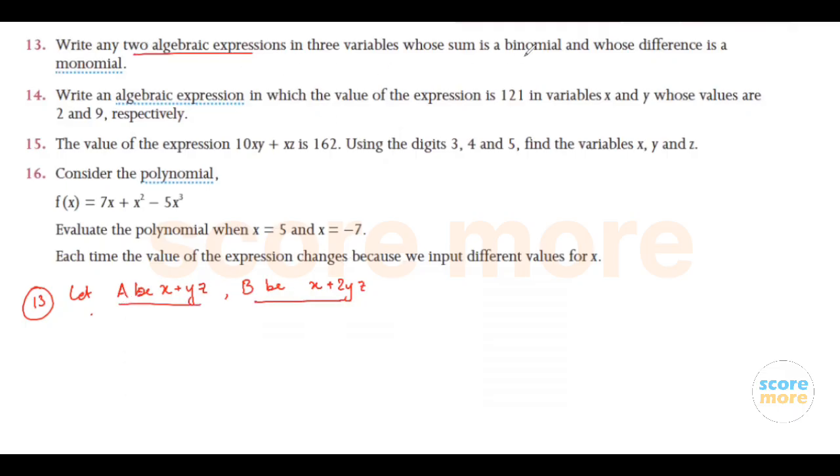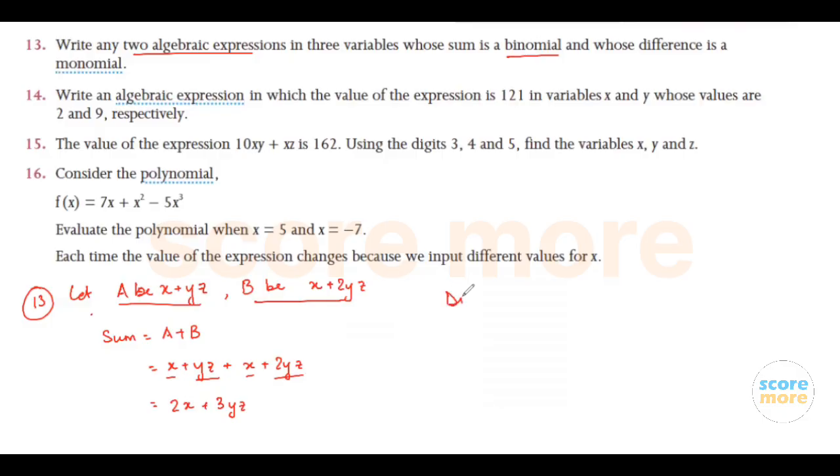Now we have to check the addition of both. So if we sum them, that is A plus B, it will be x plus yz plus x plus 2yz. On adding both, x plus x becomes 2x and yz plus 2yz becomes 3yz. So we are getting a binomial as per our given condition.